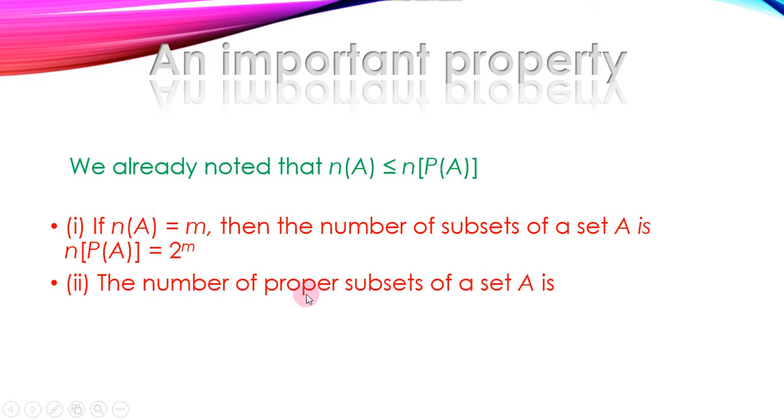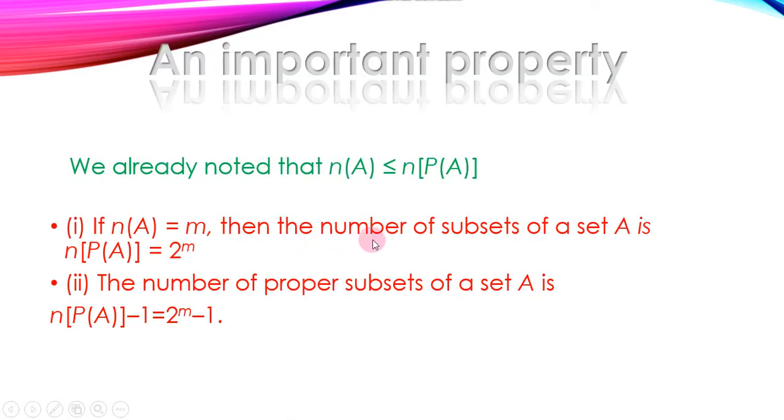The number of proper subsets of a set A is n of P of A minus 1, that is equal to 2 power m minus 1. This is the formula for finding the number of subsets, 2 power m. This is the formula for finding the number of proper subsets, 2 power m minus 1. Are you clear?